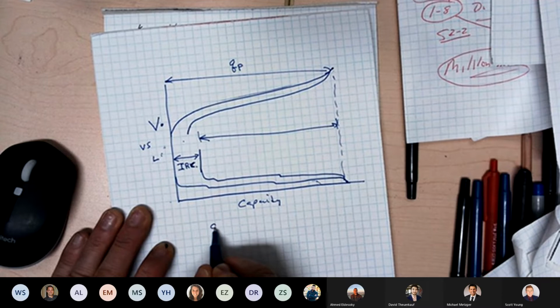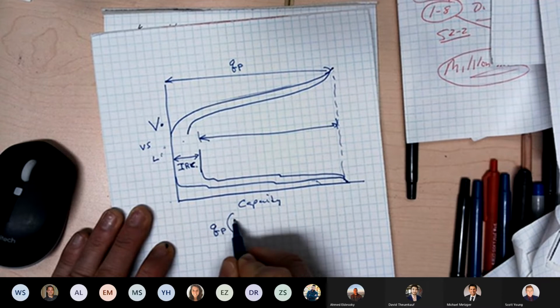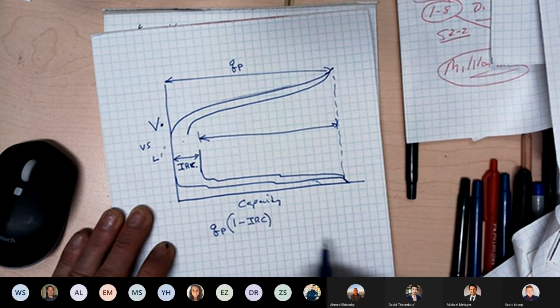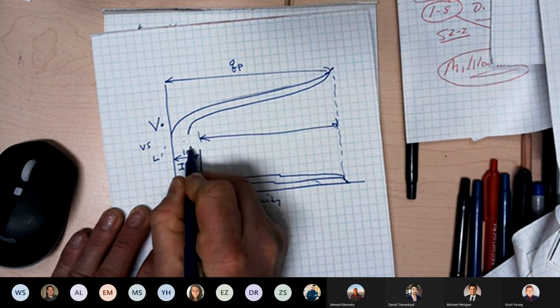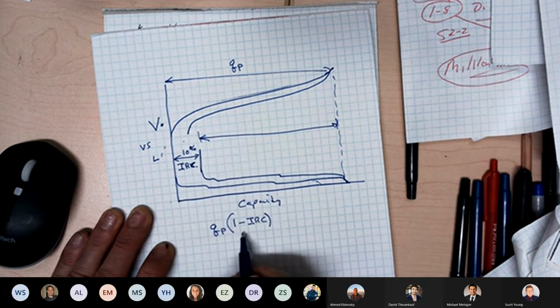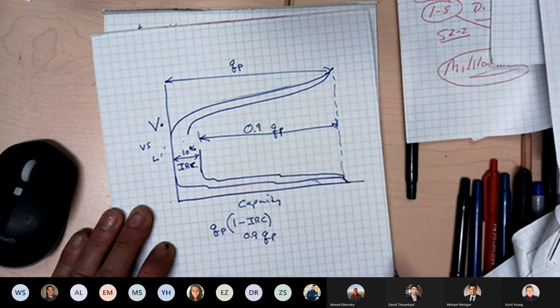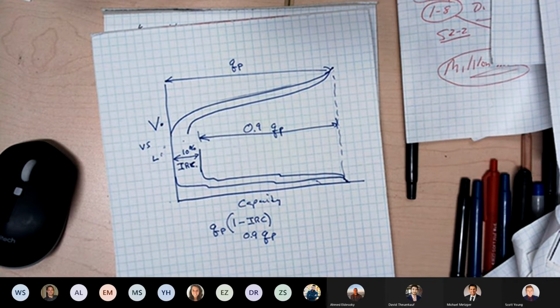So we say that's QP times 1 minus the fraction of irreversible capacity. So if this is 10%, then this would be 0.9 QP. And that is a factor of 2 because our electrode stack has a double-sided positive electrode. Okay, does that make sense to people?